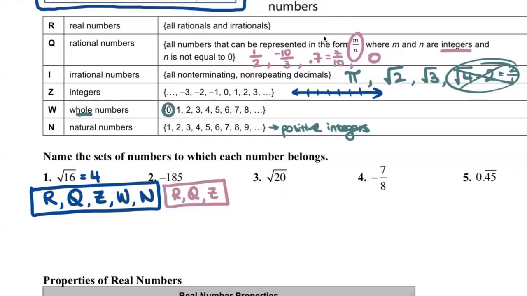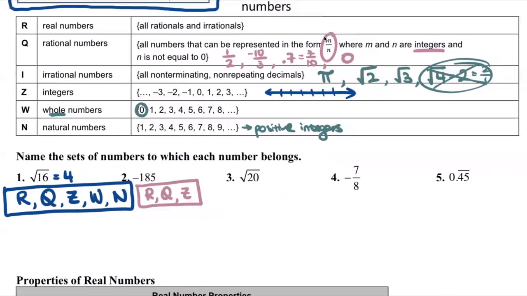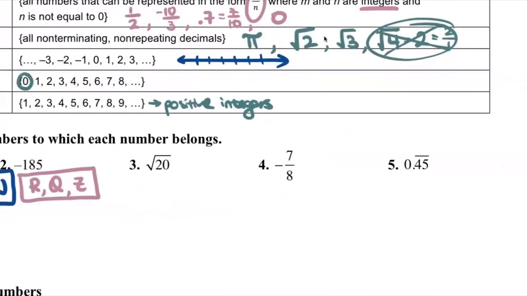Okay, let me do one more and then I'll have you guys just practice a little bit with 4 and 5. So number 3, rad 20. Rad 20 doesn't simplify to a nice clean number. It's going to have that non-repeating, non-terminating decimal. So I do know that it's real, but it is not going to be rational.